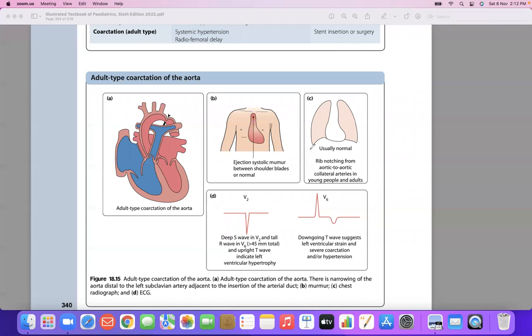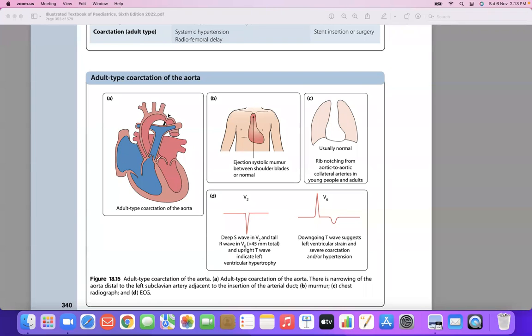And because this is long standing, you can see rib notching from aortic to aortic collateral arteries in young people and adults. So in the X-ray, rib notching can be seen because of the development of collaterals, because of the long standing problem.